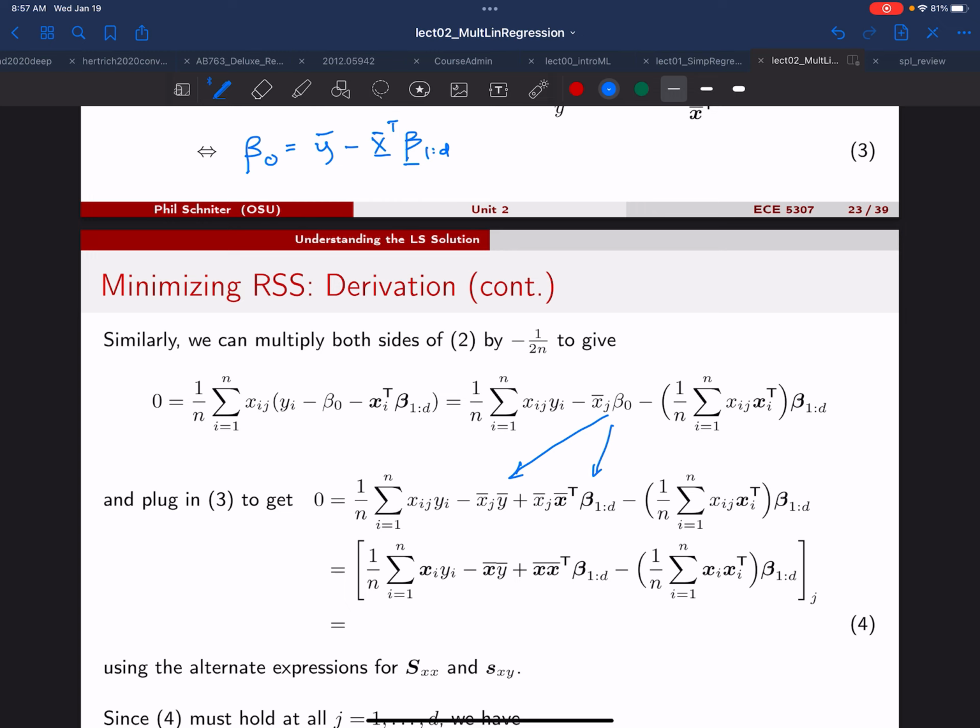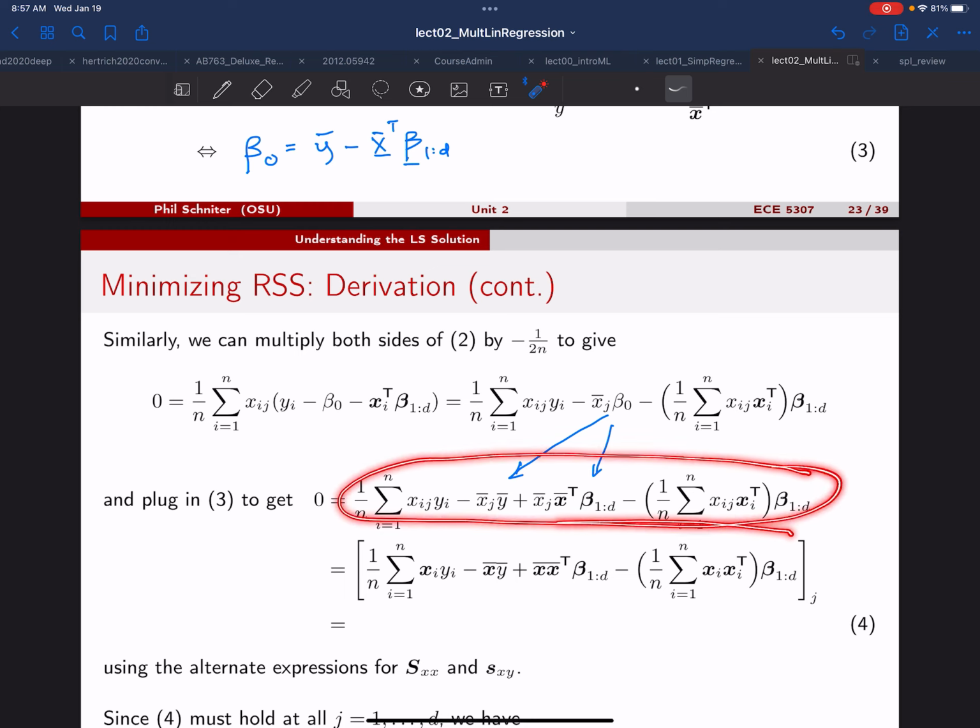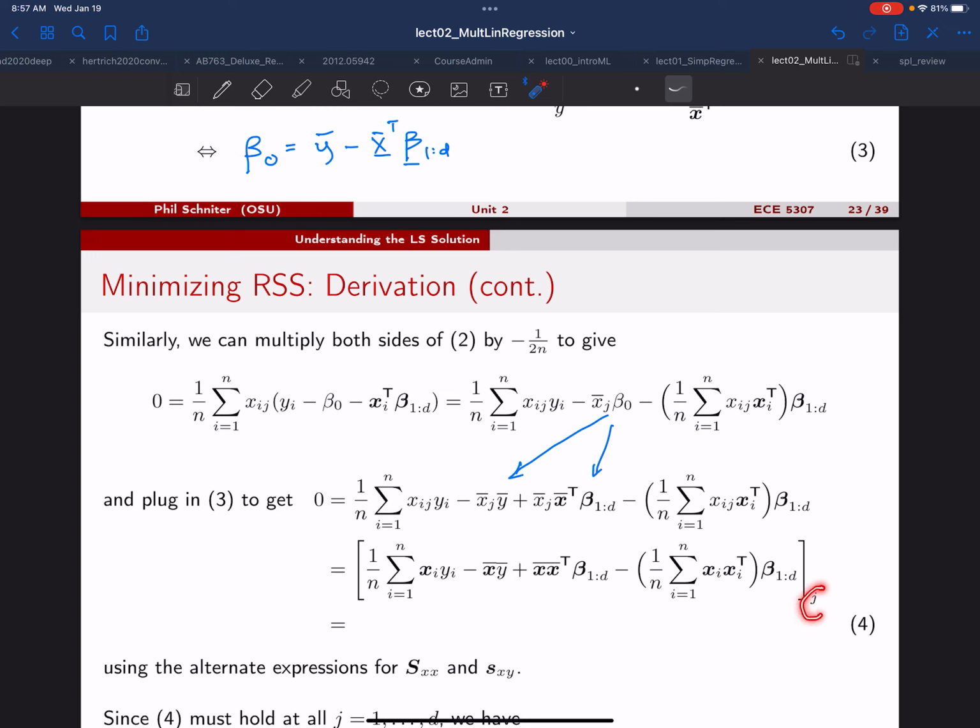And the last step is to realize, okay, this is what's happening when I took the derivative with respect to beta j. This whole expression is a scalar. Can I identify this as the jth entry of a particular vector? And the answer is yes.